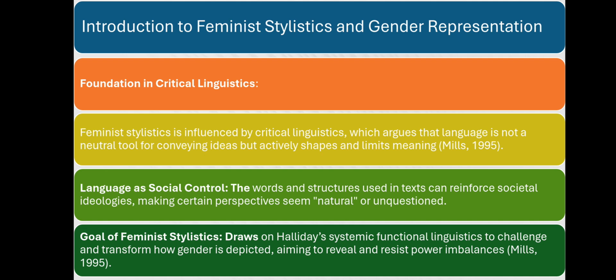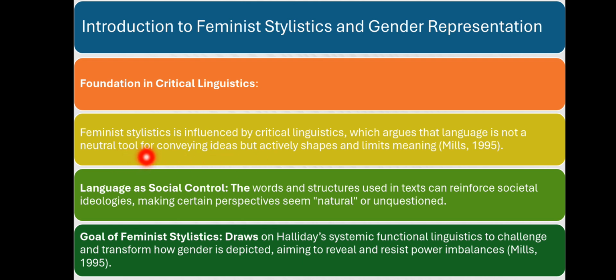Critical linguists say that language is not something neutral, right? It is used to convey ideas, and these ideas are manipulated by the belief system of the writer or the author.